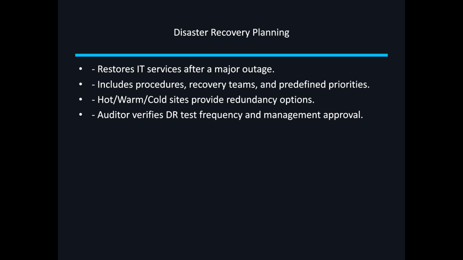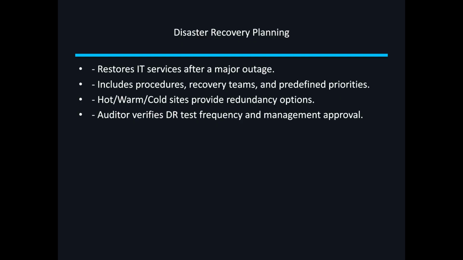An auditor examines whether the organization has a formally approved DRP and BCP policies reviewed by executive management, clear identification of critical systems and prioritization for recovery, defined recovery time objectives and recovery point objectives metrics for each system, redundant site strategies, hot, warm, or cold sites, with associated cost and readiness trade offs, evidence of periodic testing of DRP and BCP through simulations, failover exercises, or tabletop reviews.